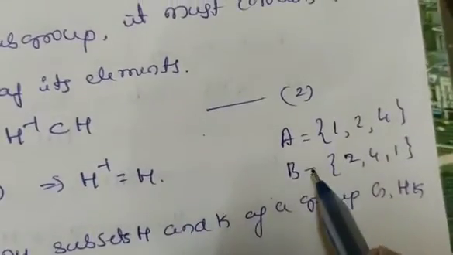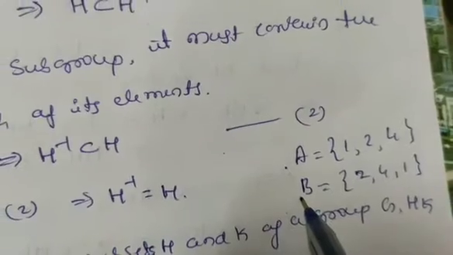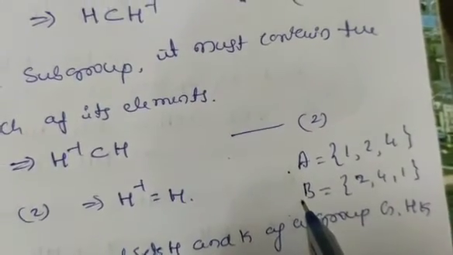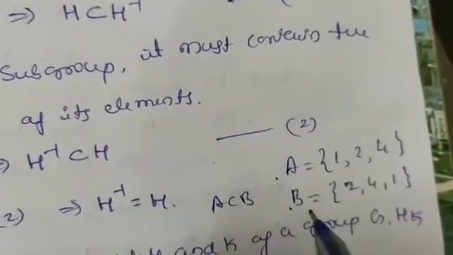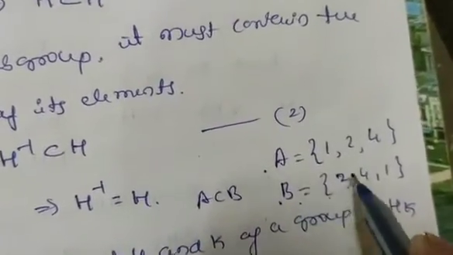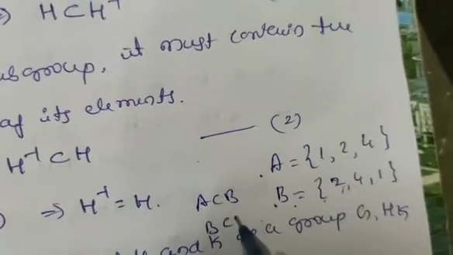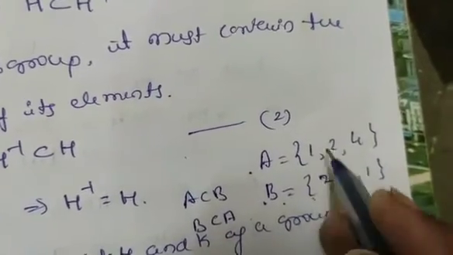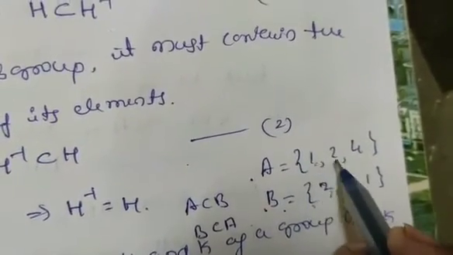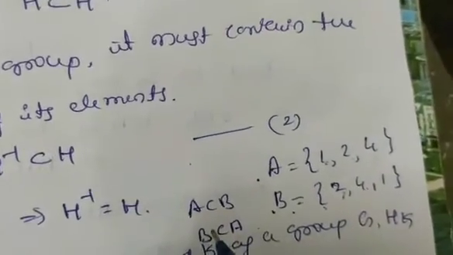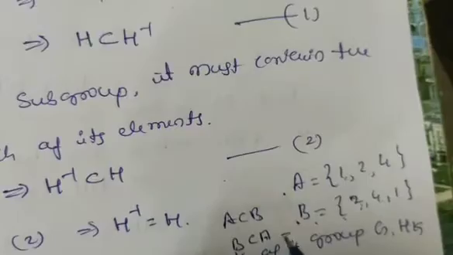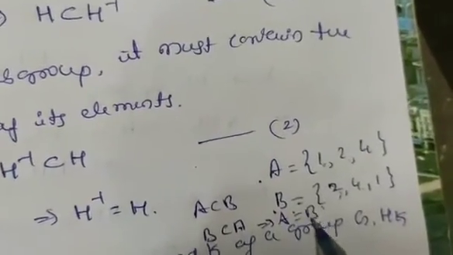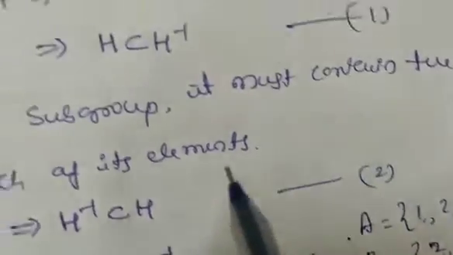This implies A is contained in B, meaning A is a subset of B, and B is a subset of A also. The subset means all the elements of B are in A, that is, 2, 4, 1 are the elements of A. So this is possible if A is contained in B and B is contained in A. This means A is equal to B. So this is the meaning.